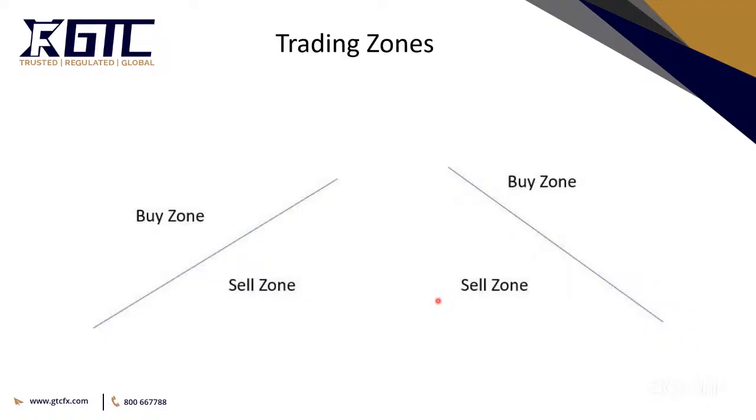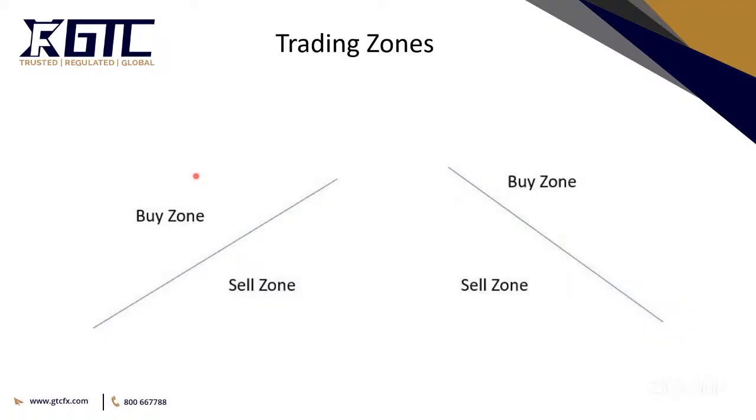Now the question you might have in your mind is, why are we taking the pain to define the zones here? It is very simple logic. Whichever zone the market is in, we've got to trade in that direction.